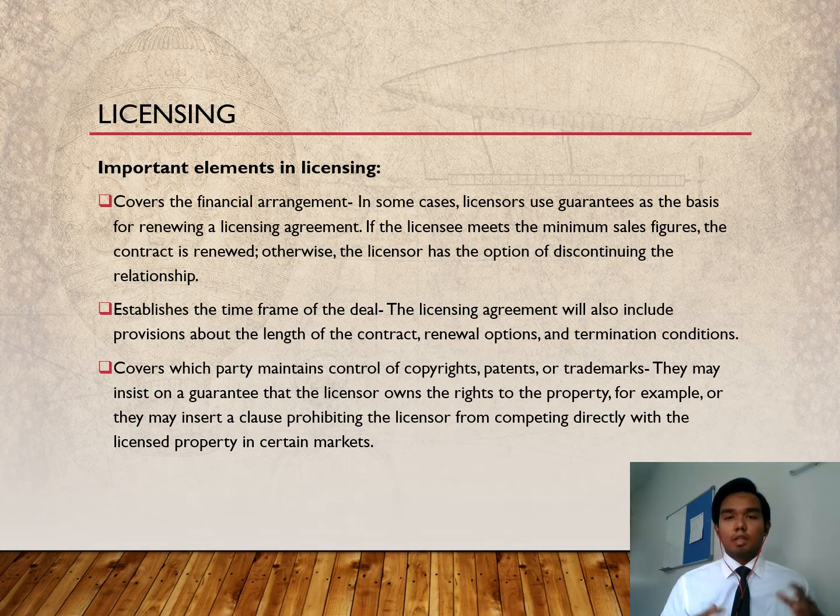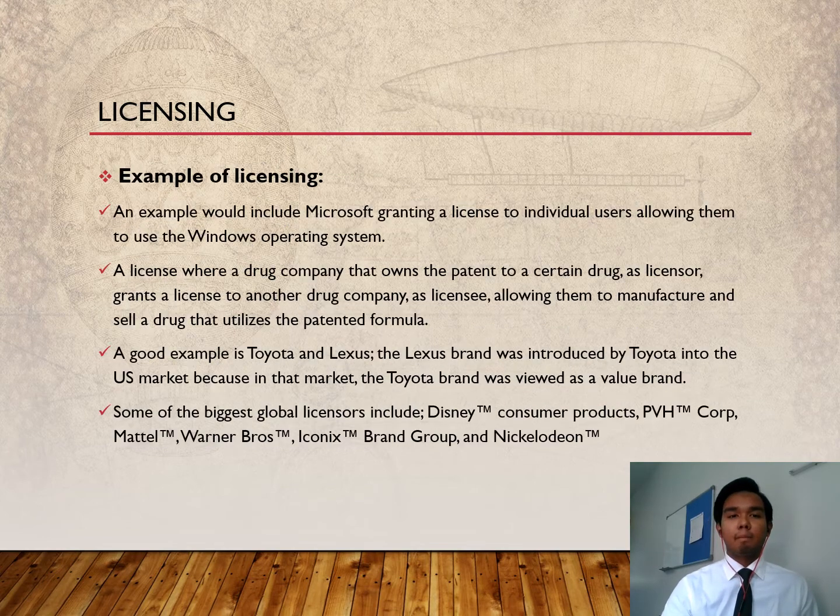So, for example, they may insert a clause prohibiting the licensee from competing directly with the licensed property in a certain market. So, this is an example of licensing. For example, Microsoft granting a license to the user, allowing you to use Windows as the operating system, for example, in our PC and laptop.